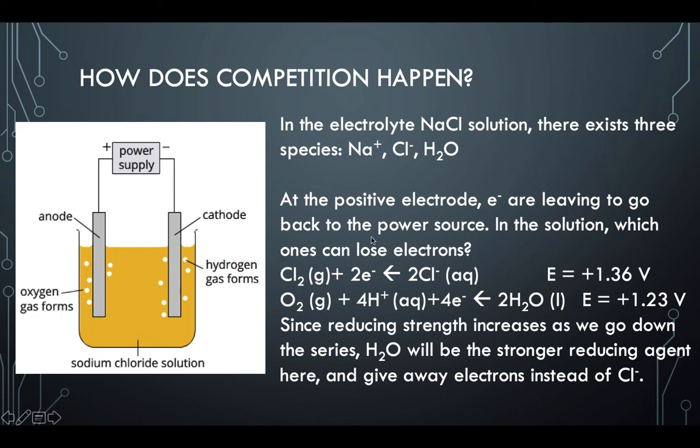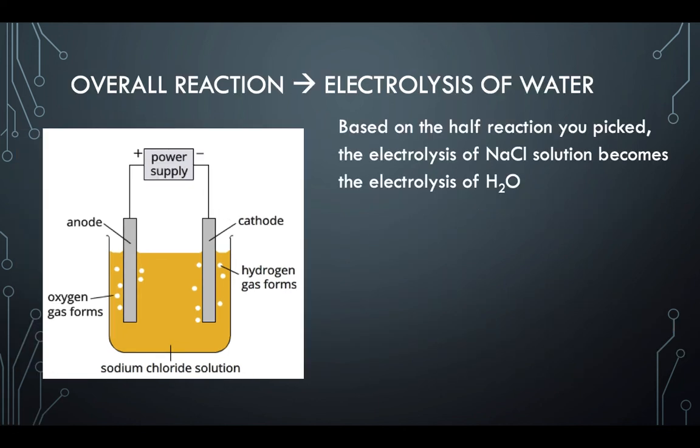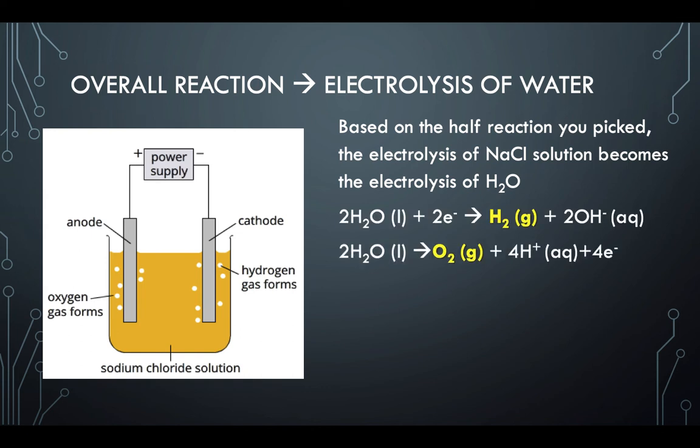Now, when you put these two reactions together, you'd notice that, hey, you started out to electrolyze sodium chloride solution. However, somehow it turns into an electrolysis of water because at both anode and cathode, water wins the competition. At the anode, it is the stronger reductant, this one, okay? And at the cathode, it is the stronger oxidant that goes forward, okay?